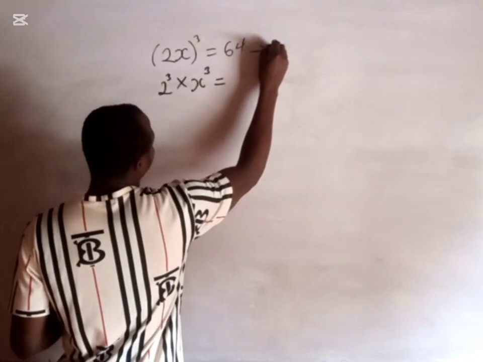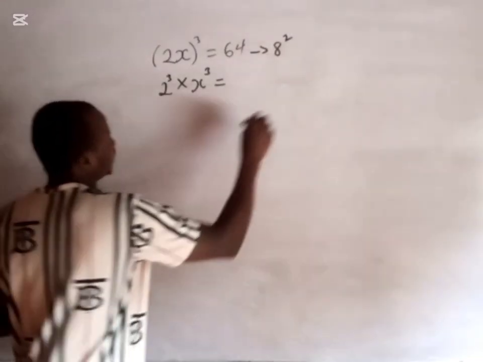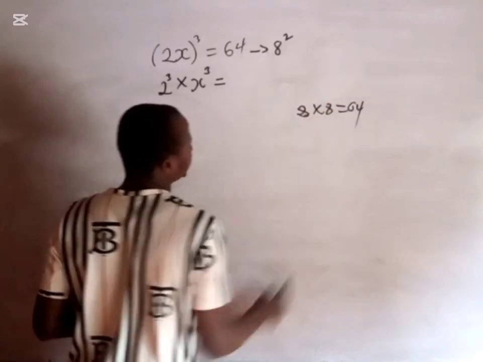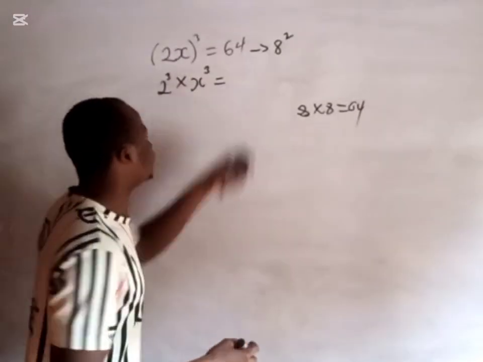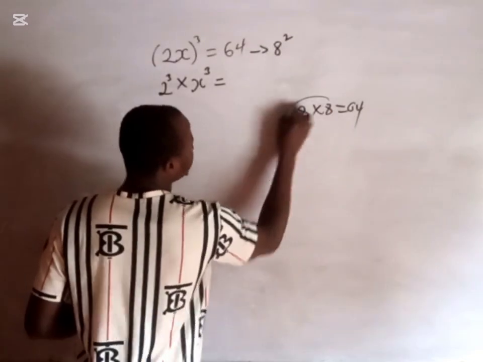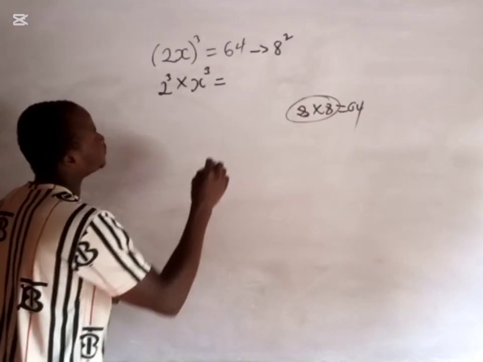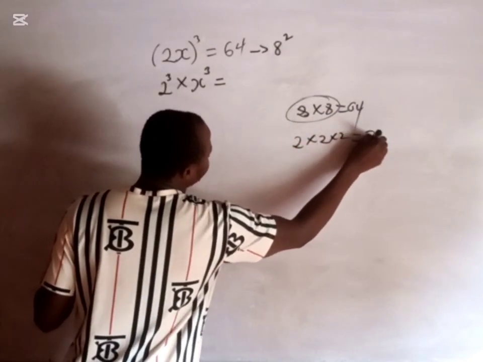The index form of 64 is 8^2, because 8 times 8 gives 64. So when you multiply 8 in 2 places, it gives 64. That means the index form of 64 is 8 squared.